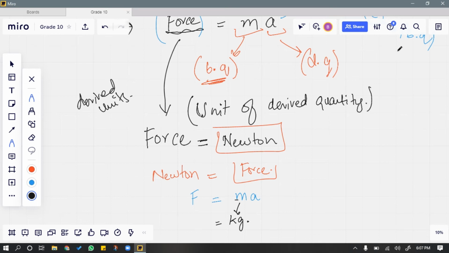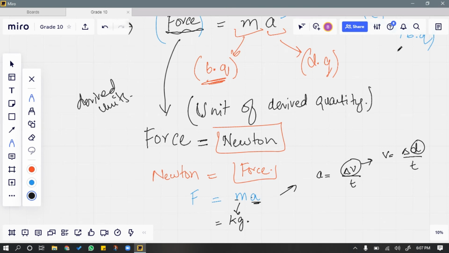Now going towards a, there is no such base unit for a, because a is itself a derived quantity. That's why we have to find a's formula. The formula for a is velocity over time. But we don't know the unit of velocity, so we have to open it up more. Velocity is displacement over time, that is, displacement change over time. Now what is displacement? Displacement is length.